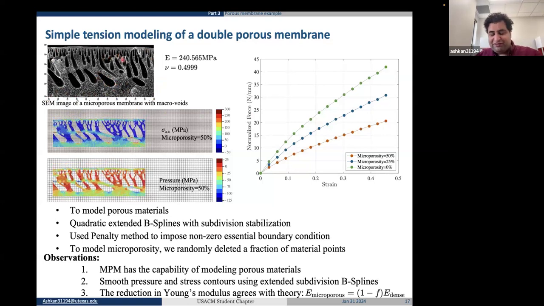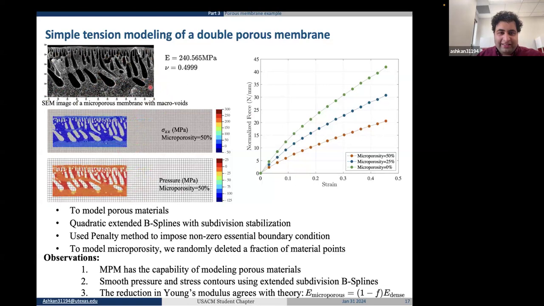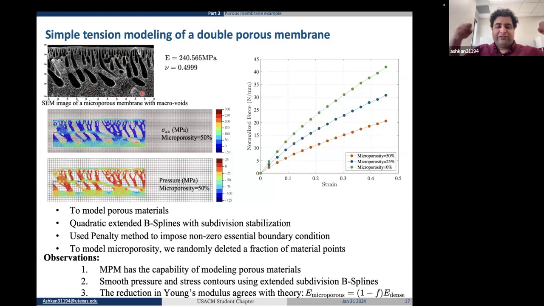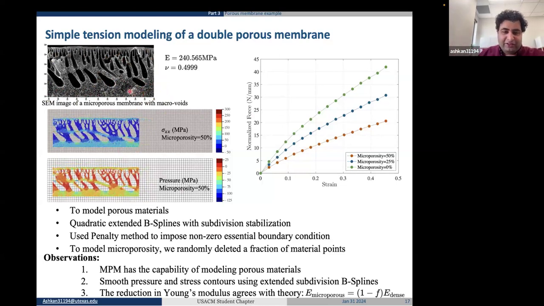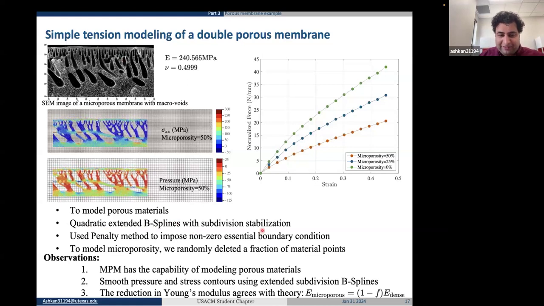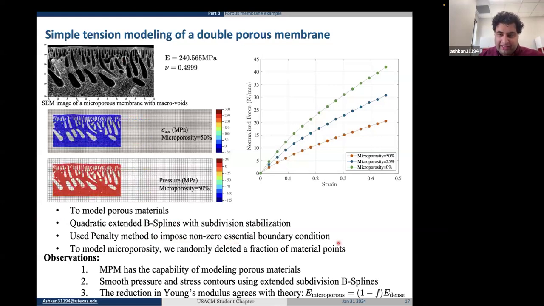We got this SEM image from experimentalists and then put material points on these areas and then randomly removed some of the material points to impose micro porosity. We use quadratic B-splines with quadratic extended B-splines with subdivision stabilization, and we use penalty method in this example to impose non-zero and zero essential boundary condition.